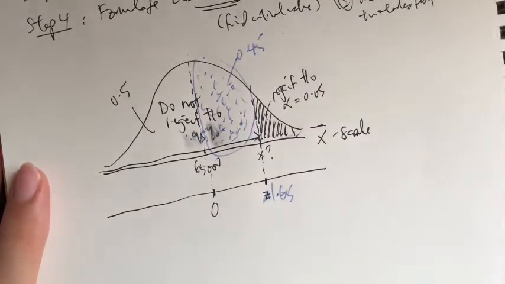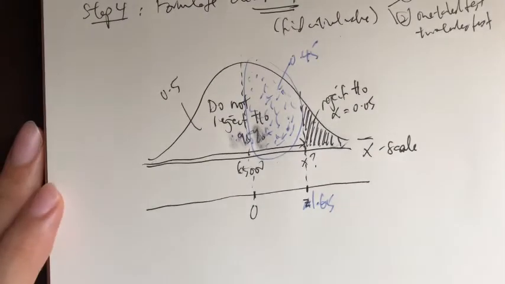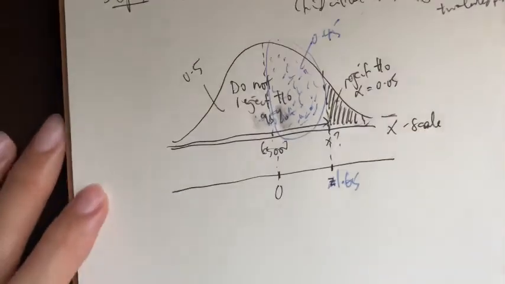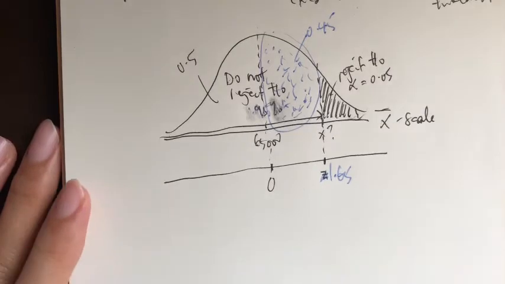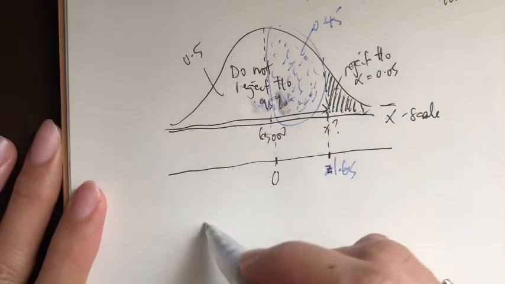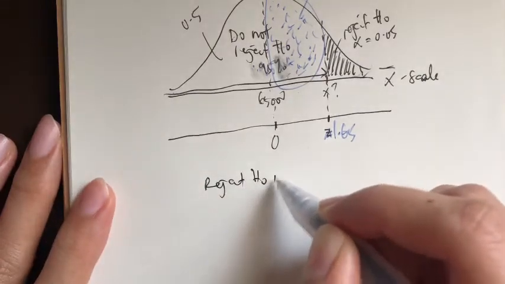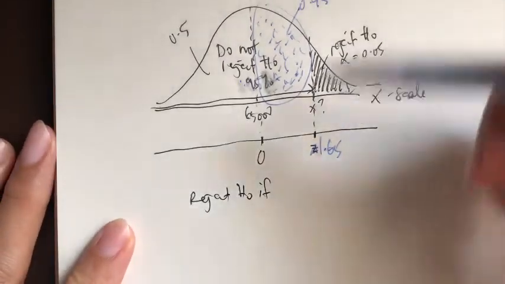Okay, so now, since we know what our critical value is, we can start to write down our rejection rule. Okay, rejection rule is another name for decision rule. So how do we write down the rejection rule or the decision rule? We say that reject the null if what? So we're basically describing this area.